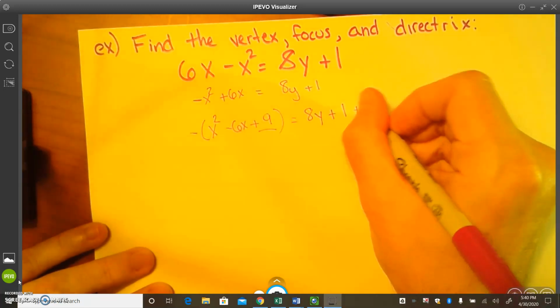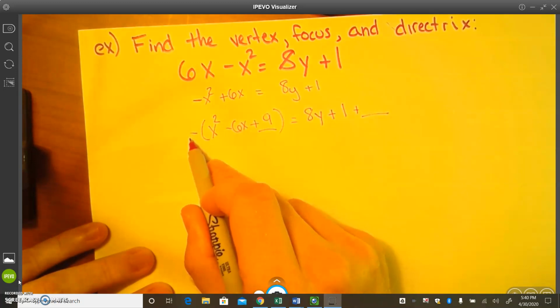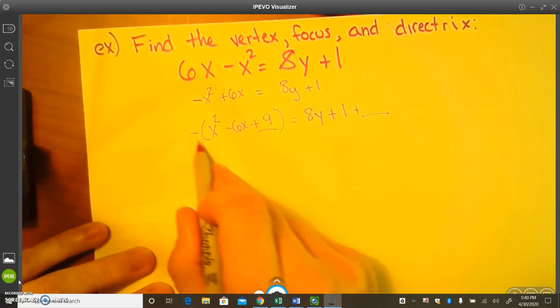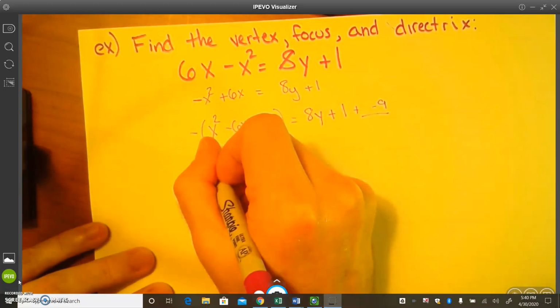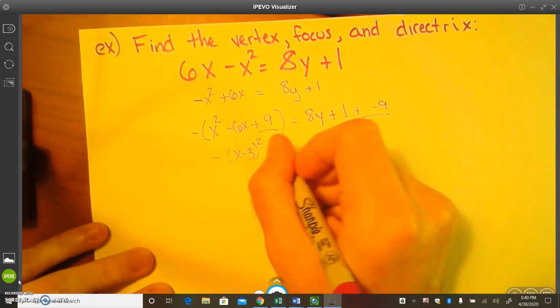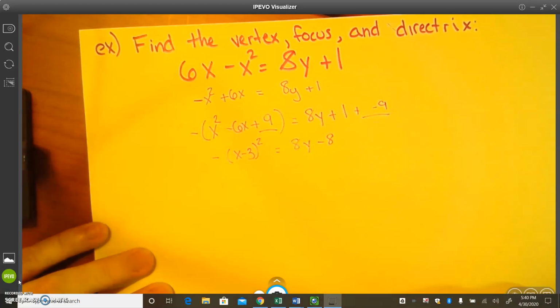And I need to balance that over on the other side with a -9. Again, that 9 I added here, I'm really going to multiply by this factor of -1, and I now have a -9 there. So I have a negative quantity, x minus 3 squared, equals 8y minus 8.